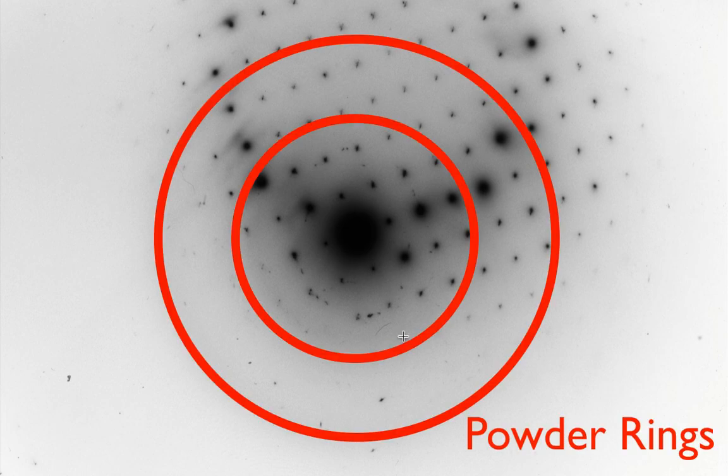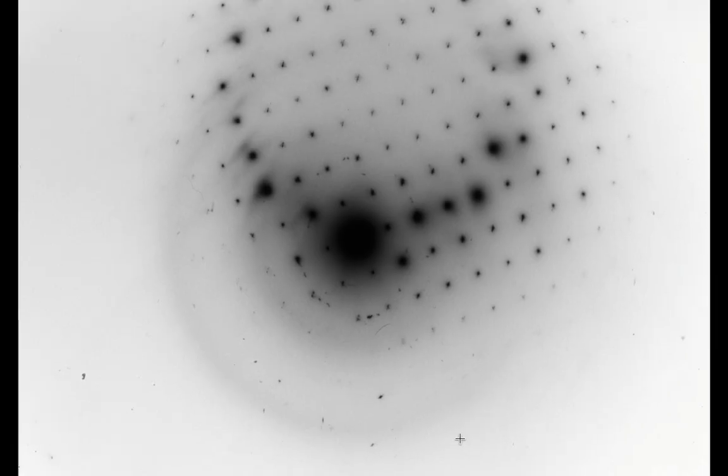And I think you can see that the crystal is giving us some nice, reasonably sharp spots, given that it was a crushed grain. But we also have these amorphous rings, essentially powder rings that come from the carbon film. And we can use those as a reference because their d-spacings are known.